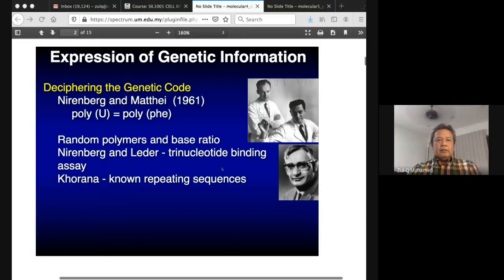Moving on, I'm going to skip this slide because if you follow on further with the course called Molecular Genetics, you are going to look at the deciphering of the genetic code.